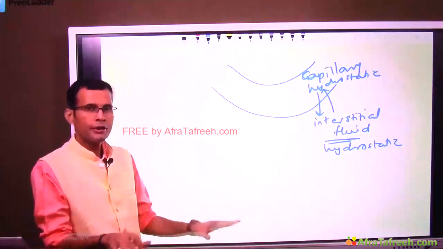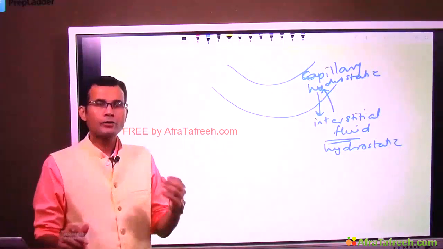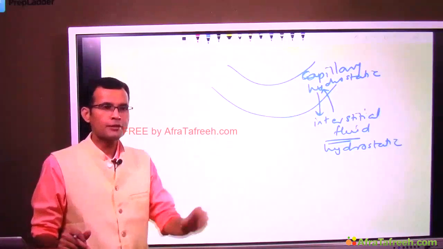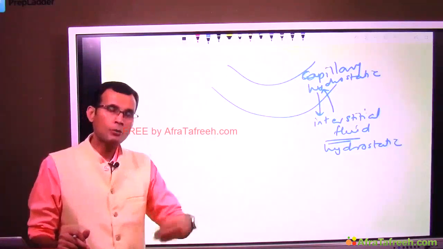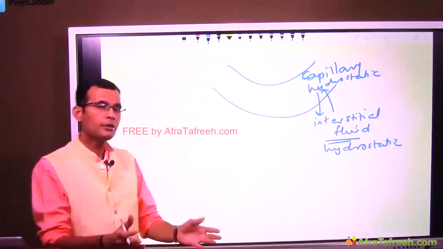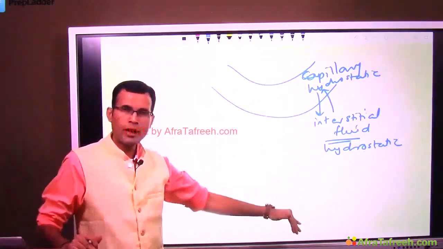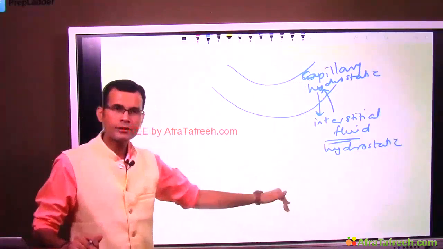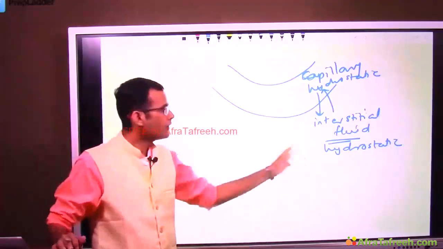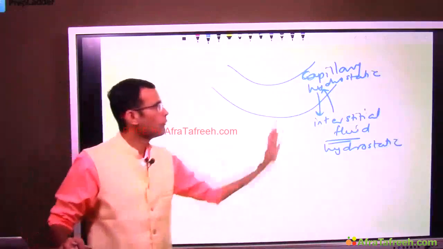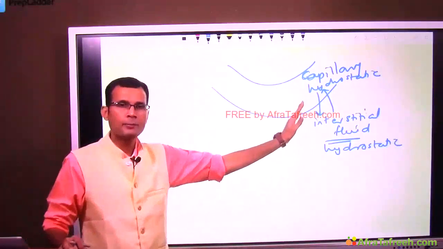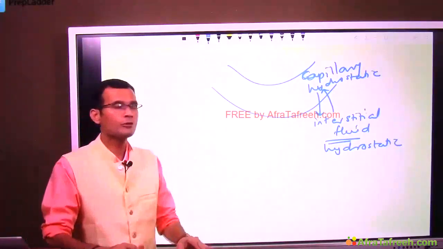Remember, hydrostatic pressure is a force that pushes the fluid out of that compartment into the neighboring compartment. So capillary hydrostatic pressure will cause the filtration out of the capillaries, and interstitial fluid hydrostatic pressure will force the fluid back into the capillaries. So it is an opposing force for filtration.